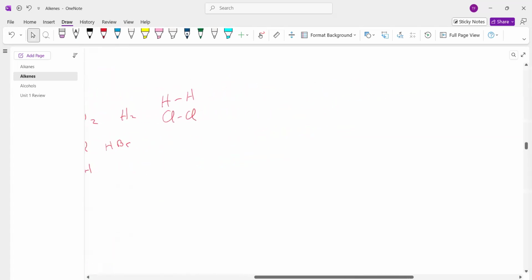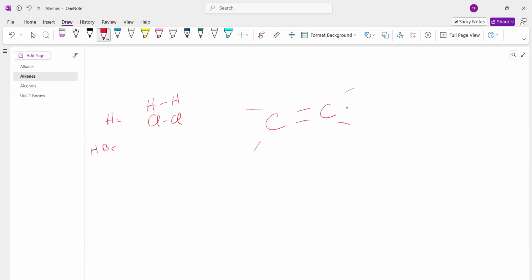Secondly, about those double bonds, remember that a bond is composed of 2 electrons. So we have an electron here, electron here, electron here, electron here. However, these 2 bonds are not equal.